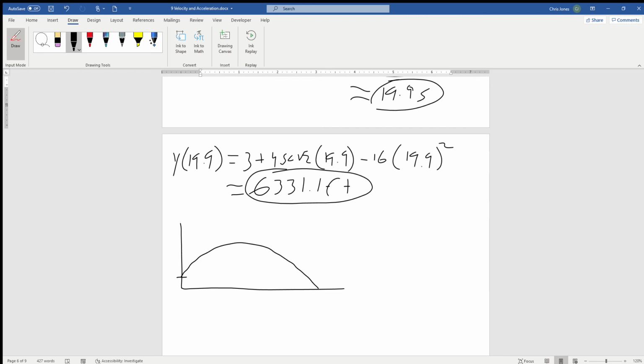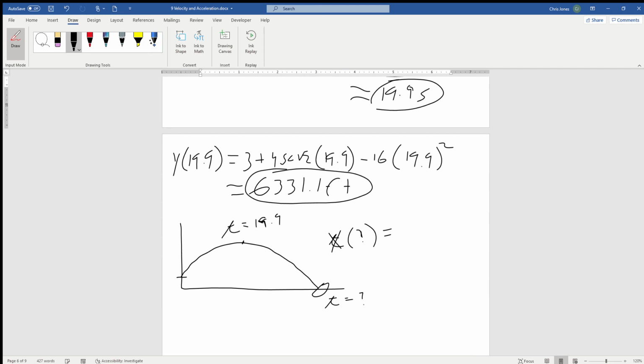And right here, that's our point when t is equal to 19.9. So it's just a quadratic. And so what we're going to do is try to figure out this time right here. So this time is equal to, don't know. So if we know that time, then we can just substitute it back in to x of t.